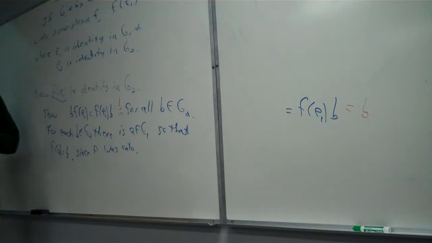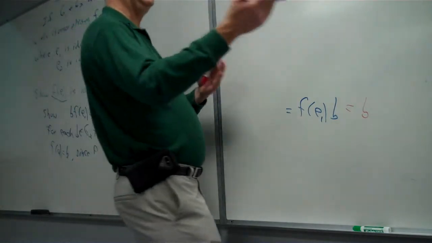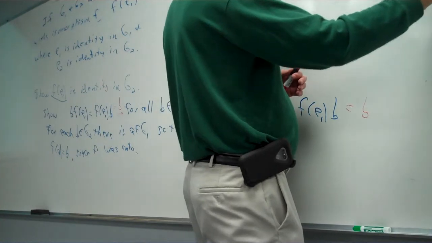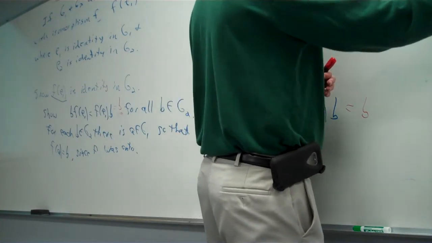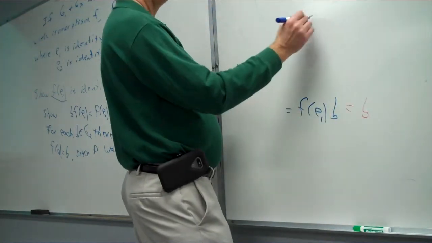Do we know anything else now? Do we know what A times E1 is? It's A. E1 is the identity in G1. And f of a was b.